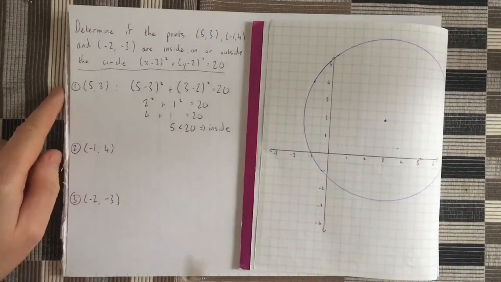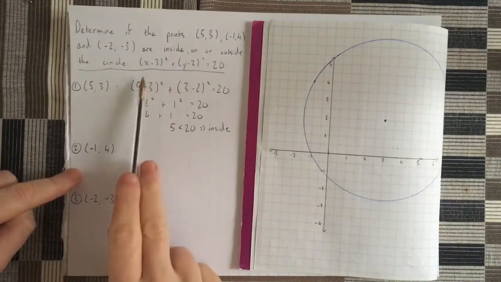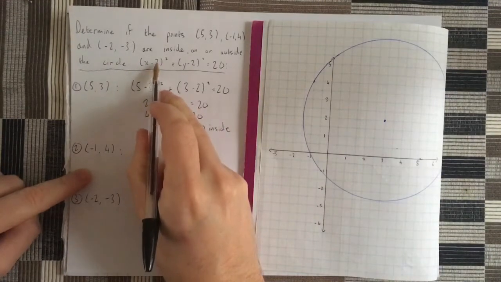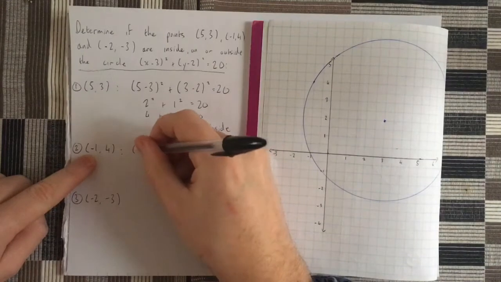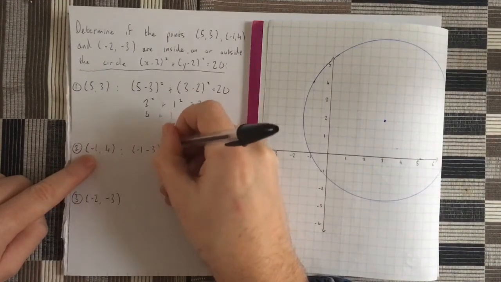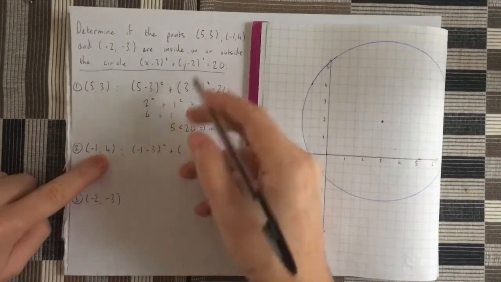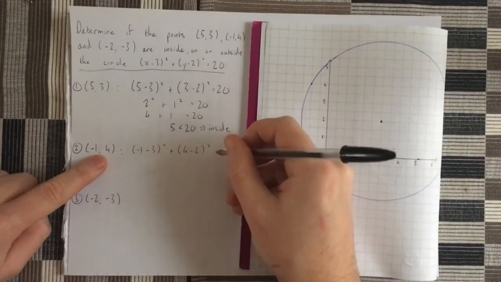Same thing again, just with minus 1, 4 this time. So it's the same circle. So instead of x minus 3 squared, it's going to be minus 1 minus 3 squared, plus, instead of y minus 2 squared, it's 4 minus 2 squared, is equal to 20.